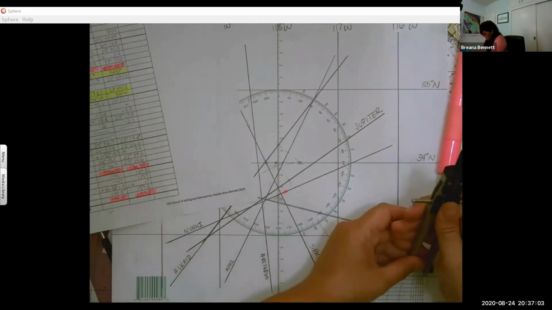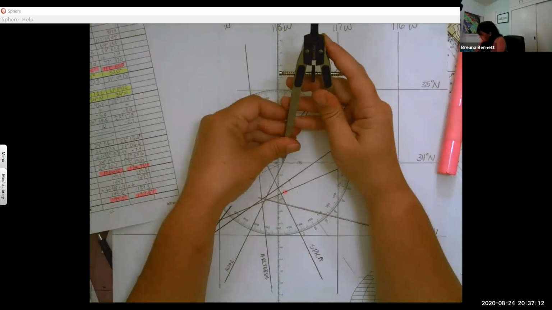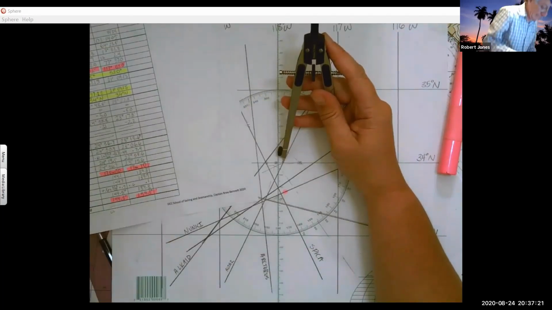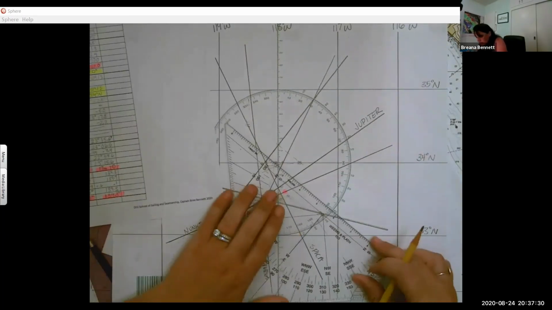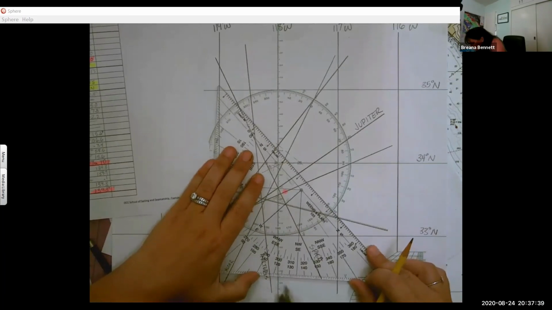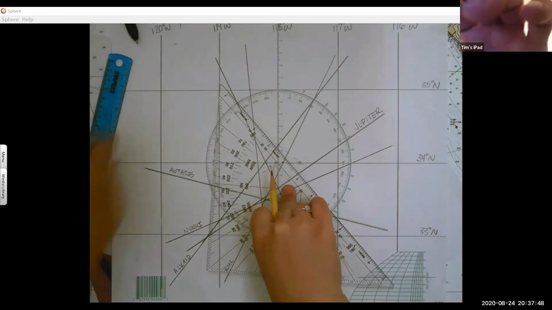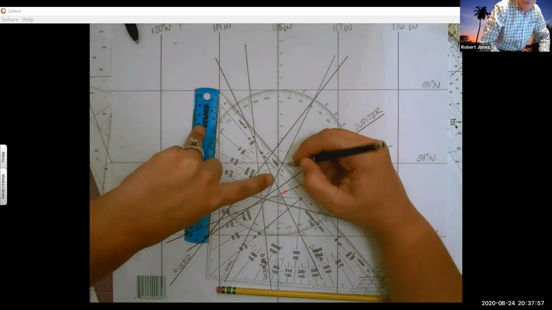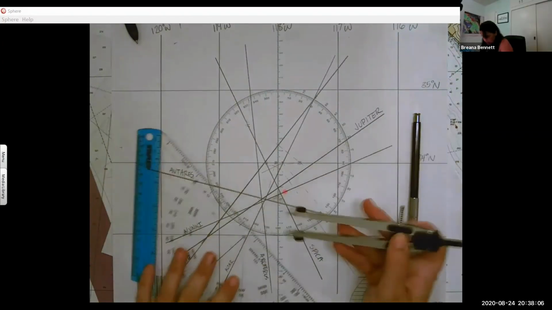117.57. Right where our other one was. And then 139. Towards, 17 even.